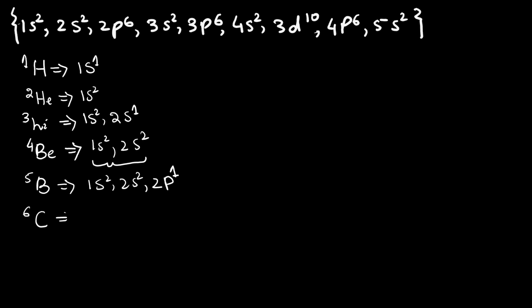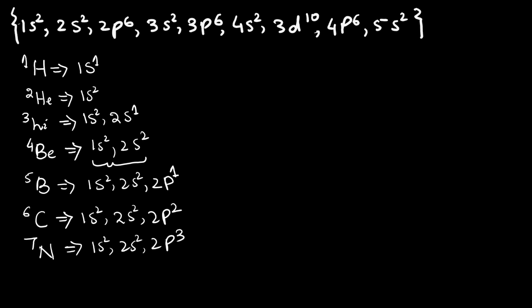The electrons in carbon will occupy 1s2, 2s2, and 2p2 subshells. Similarly, nitrogen has atomic number 7, so electrons will occupy 1s2, 2s2, 2p3 subshells. Similarly, oxygen having atomic number 8 will occupy subshells like 1s2, 2s2, 2p4.